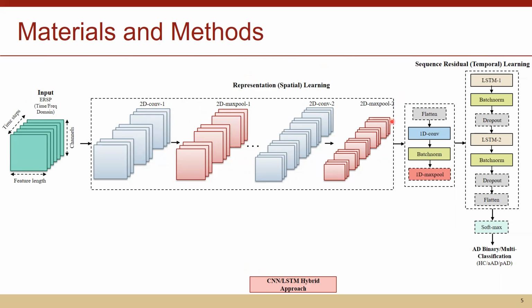Then, to capture more spatial information as well as frequency information, we also apply a 1D CNN. Those are called representation learning. The next part is the sequence residual temporal learning, applying two LSTM layers so that we can capture the temporal information in the time domain. And at the final step, we apply the softmax layer to do the multi-class classification.